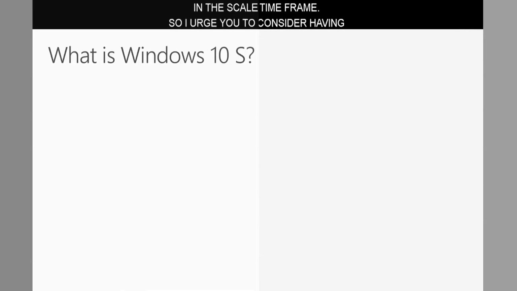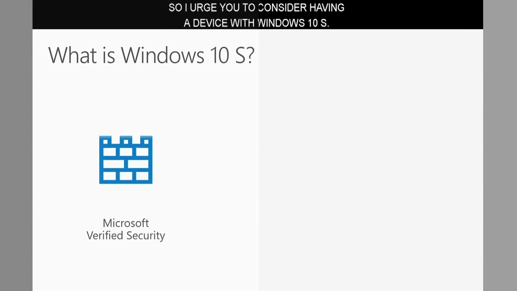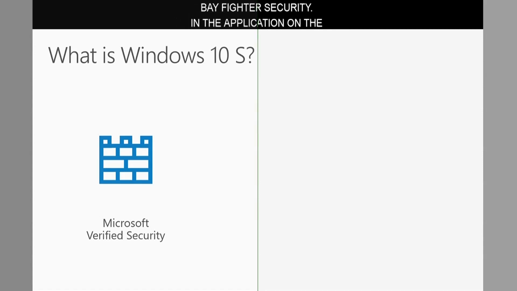I just want to quickly jump in for a quick recap about what Windows 10 S is. So Windows 10 S is actually applications delivered via the Windows Store only. So this is actually Microsoft verified security. Any application on the system, we verify, and that is why the user can feel safe when using the Windows 10 S system.